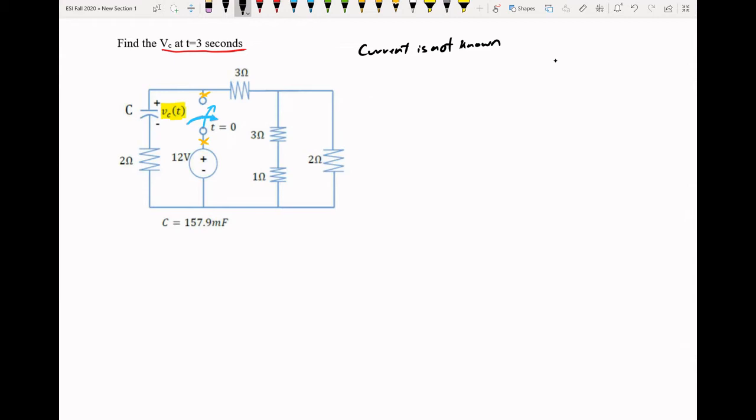But since this is open and we know that our capacitor here had been charging up when it was closed, we have to assume that before we threw the switch open it had been charging for infinity, for a really long time. Okay, so it's charged up to its max.